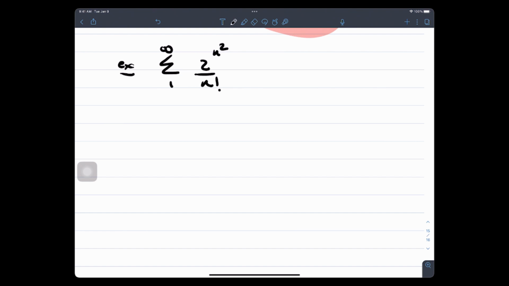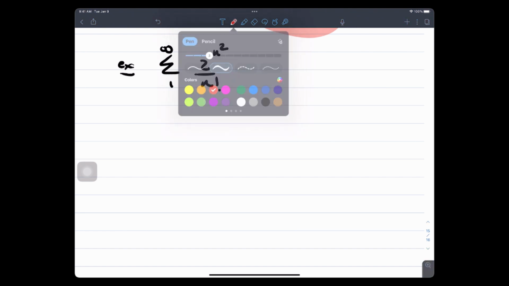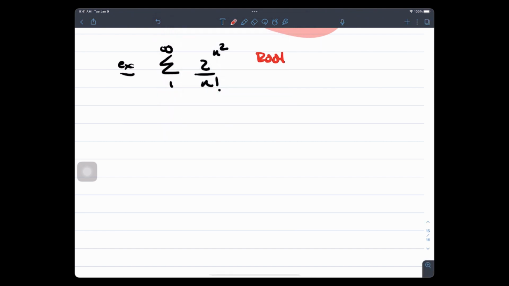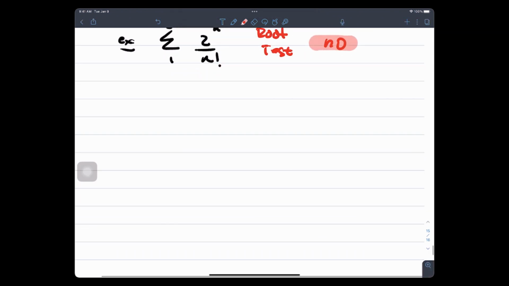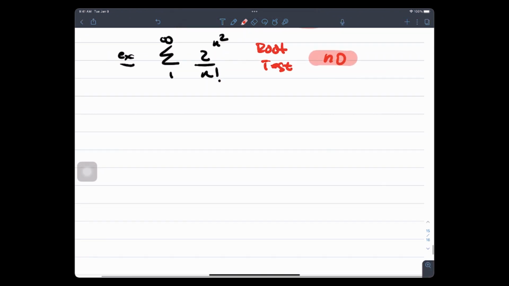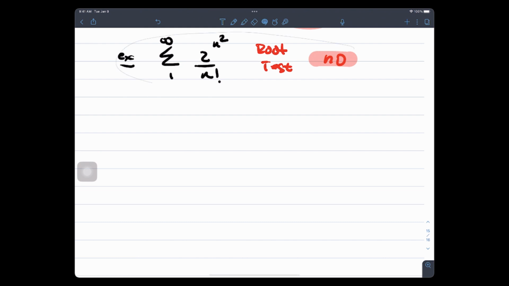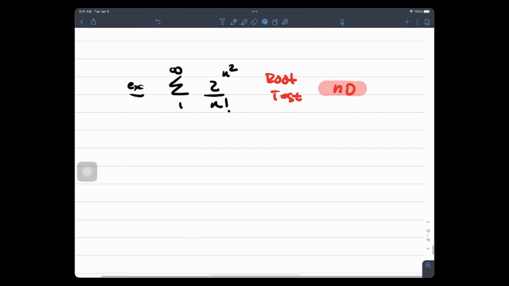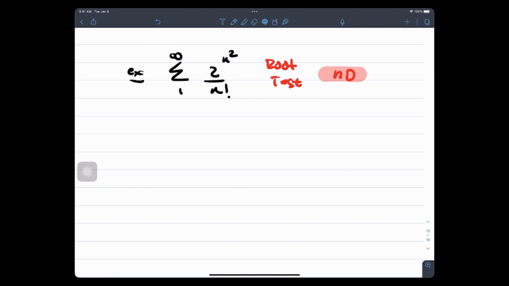Can you use the root test here? Say no. Why do I say no here for the root test? Anybody know? Why do you say no for the root test?